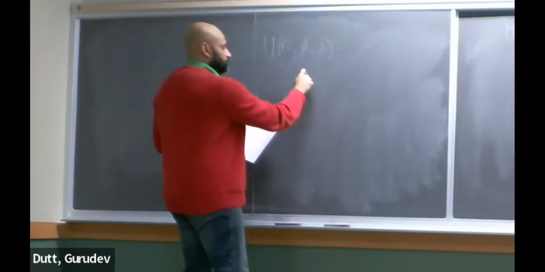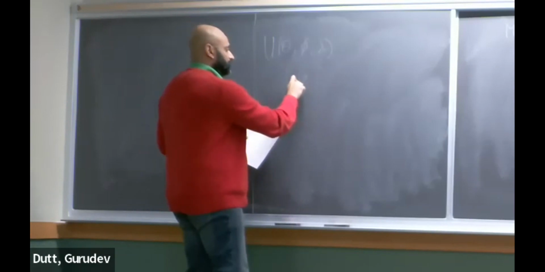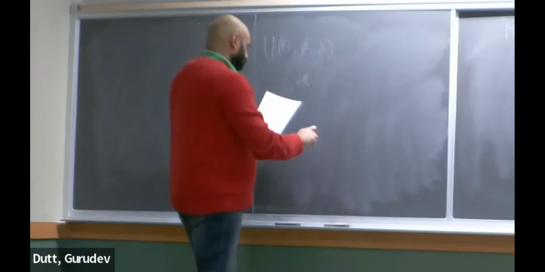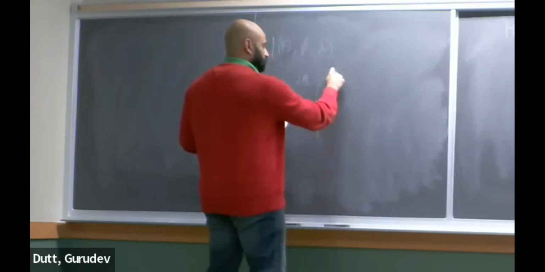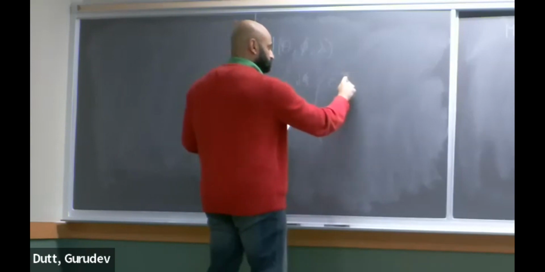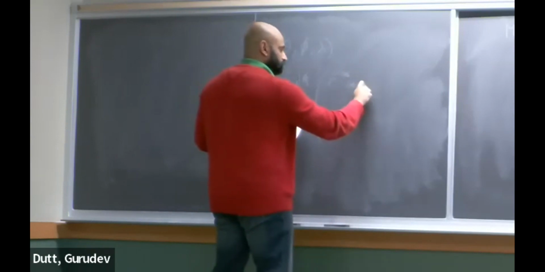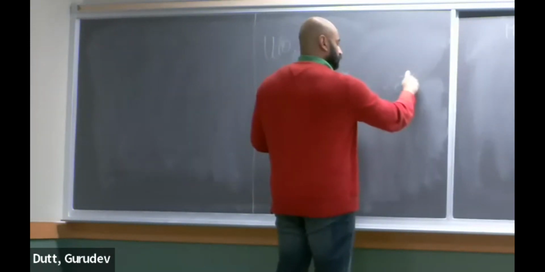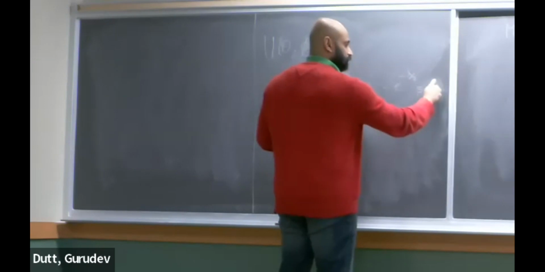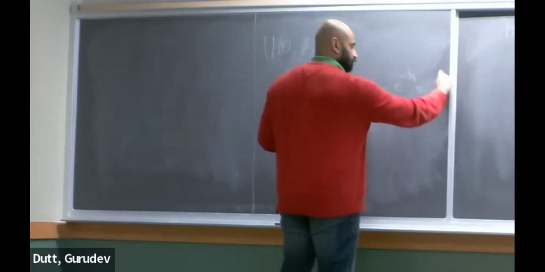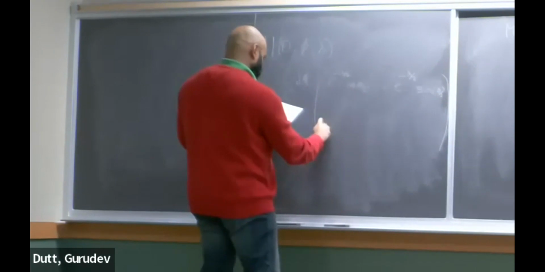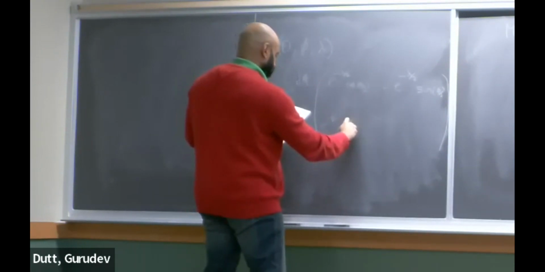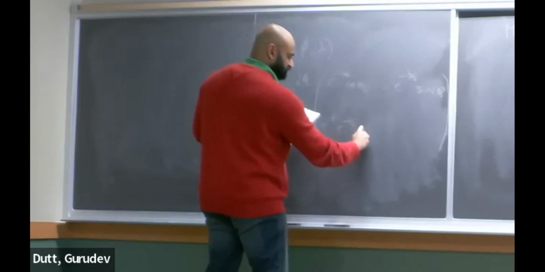If you look at the matrix from last time, what it's equal to is e to the minus j phi over 2, e to the minus j lambda over 2 cosine theta over 2, minus e to the minus j lambda over 2 sine theta over 2, and e to the j phi.